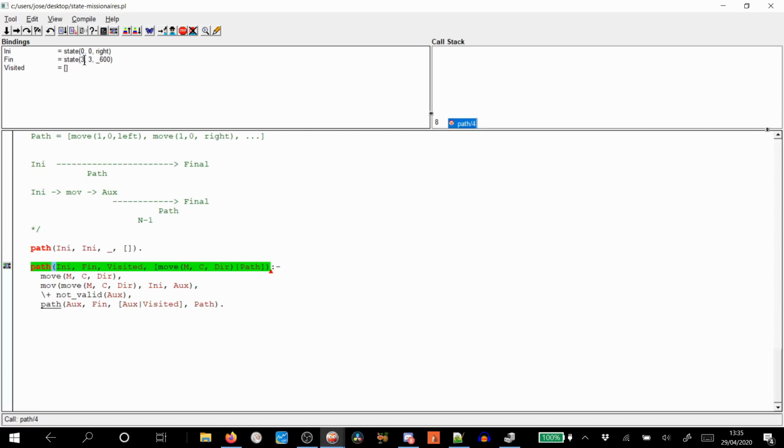And the final state is 3, 3. The initial state and final state are not the same, so it only unifies here, and if I click here, I run step by step.